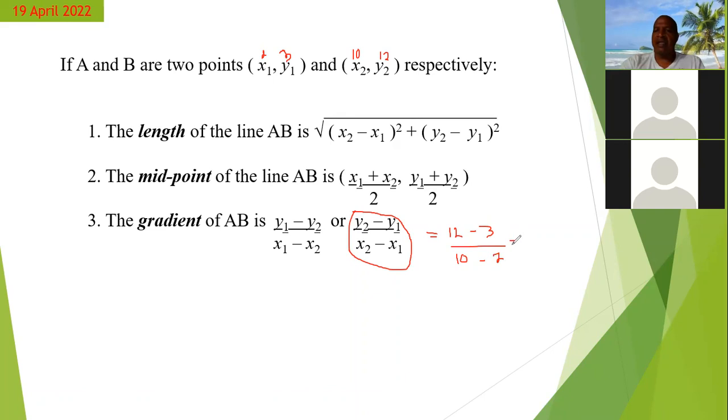So we do the calculation in the numerator, 12 minus 3, you get 9. And the calculation in the denominator would be 10 minus 2, you will get 8. And so 9 over 8 would be the gradient of this line.